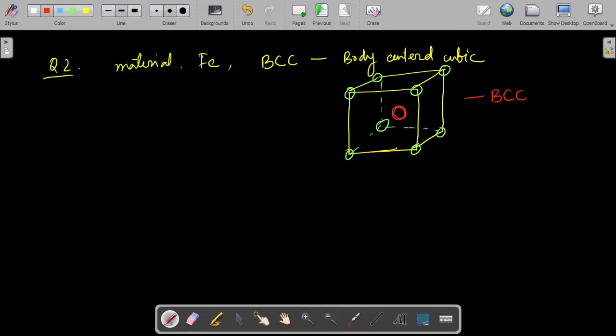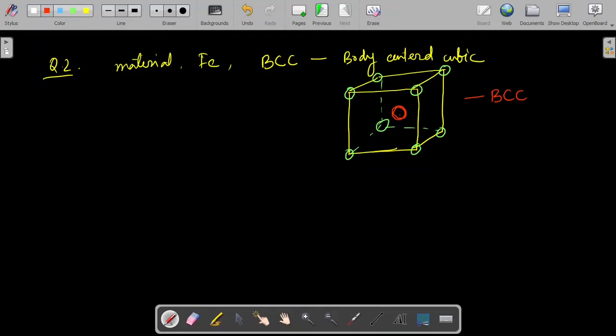Rather, if properly drawn, you have to draw in such a way that they touch each other. So in this case, the body-centered atom would be touching 8 of these different corners, right?